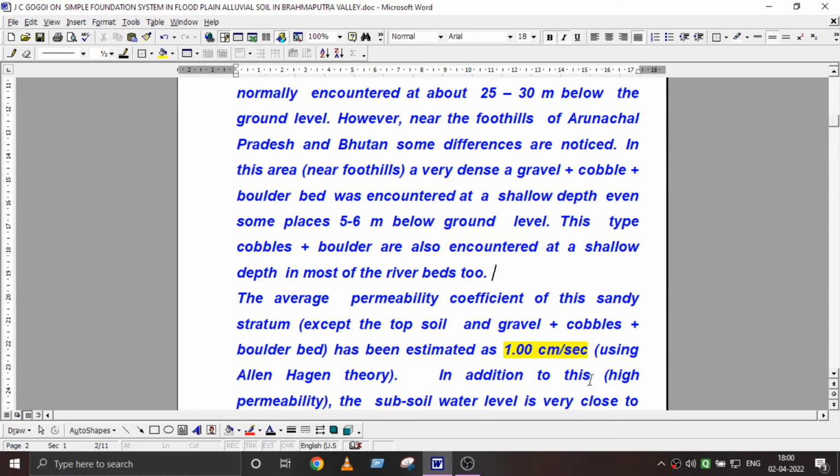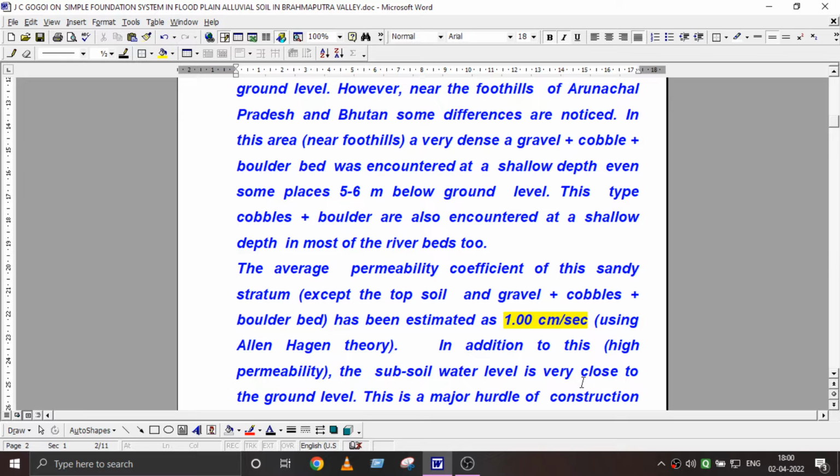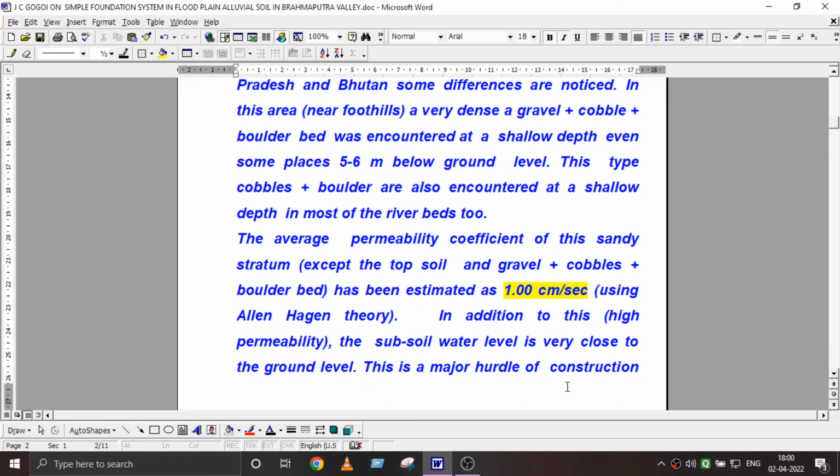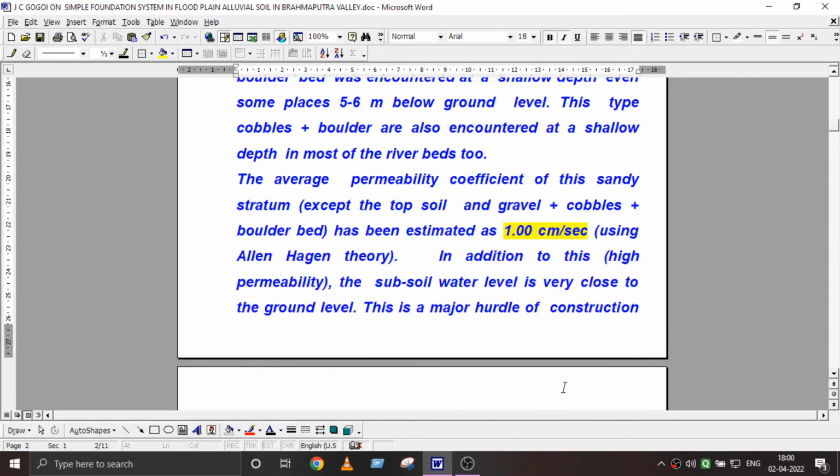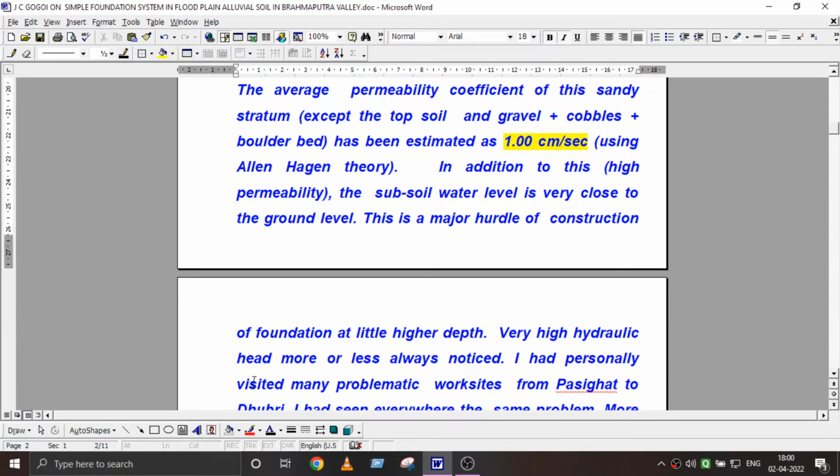In addition to this high permeability, the subsoil water level is very close to the ground level. This is a major hurdle in the construction of foundation at a little higher depth.